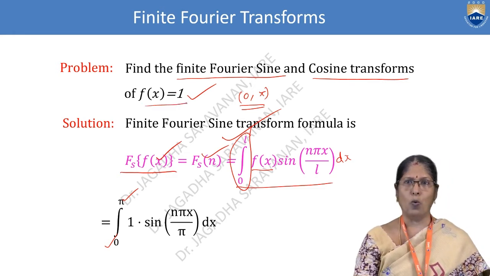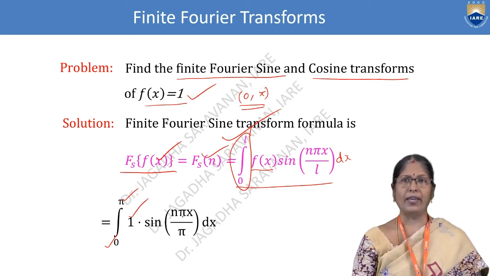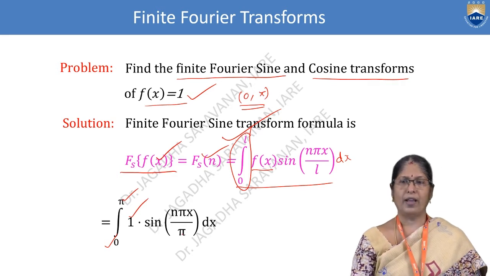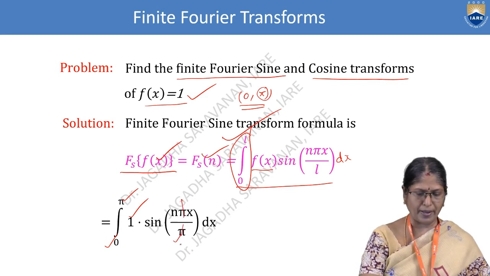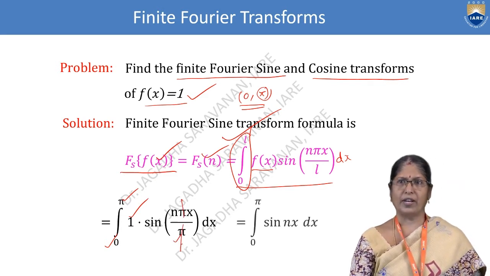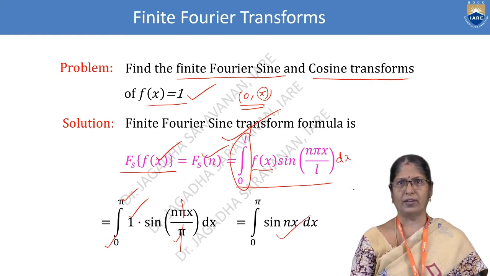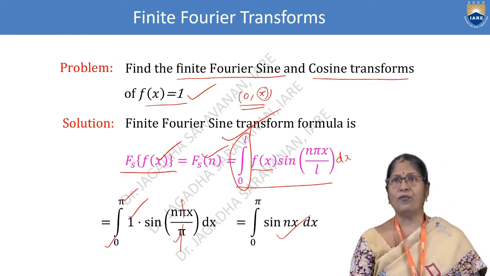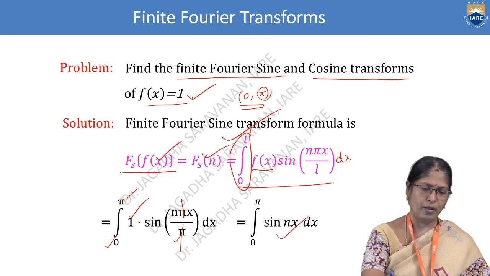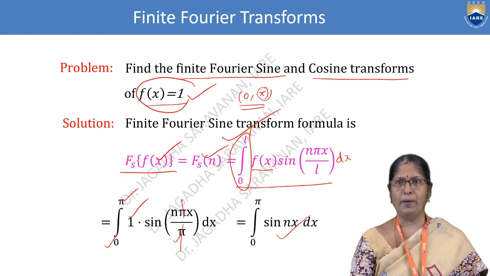It is written sine of n pi x by L. Our L is pi, so the pi gets cancelled. The remaining is integral 0 to pi of sine nx dx. So the complete question is: find the finite Fourier sine transform for the function f of x equal to 1 in the interval 0 to pi.